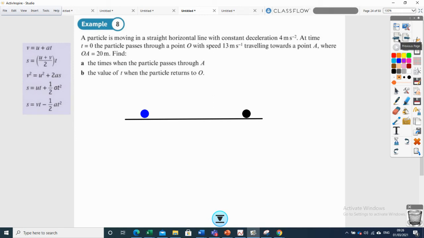Example 8. A particle is moving in a straight horizontal line with a constant deceleration of 4 meters per second. Okay, so this is important now. So it's moving in this direction, but the acceleration is negative because it's a deceleration, 4 meters per second squared.